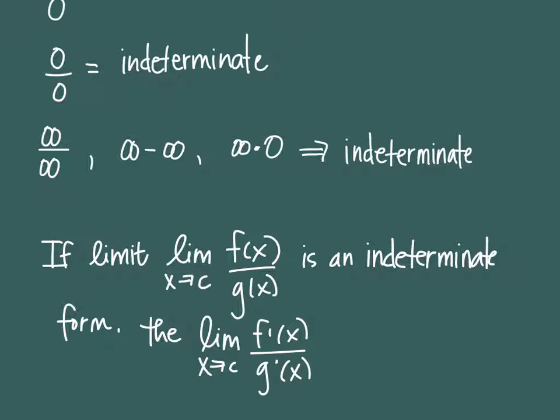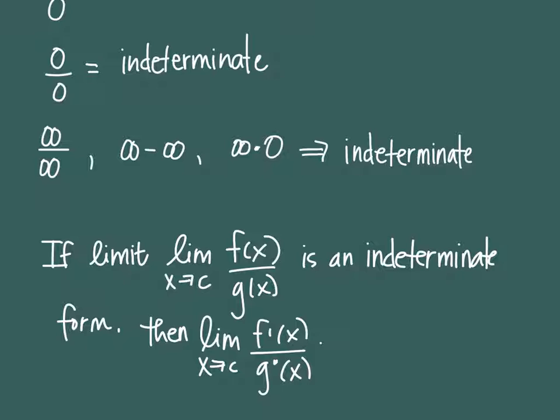It's what we want the quotient rule to be, but it's really not. We'd love it if the quotient rule was this, but it's not. And you keep doing that. If that turns out to be indeterminate, do it again, and again, until you get a form that's not indeterminate.